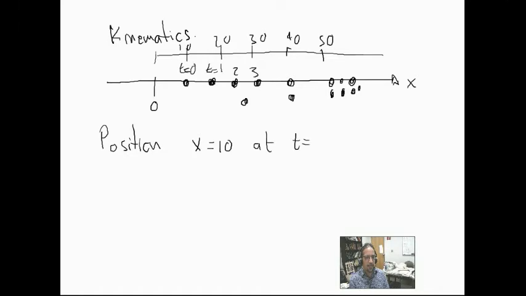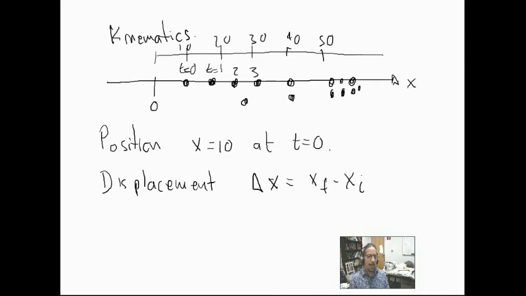So that's just the variable x. Then we introduce the concept of displacement, which is delta x equal to x final minus x initial for some process. So for example, from t equals 0 to t equals 1, our displacement is probably around 8, not quite 10.